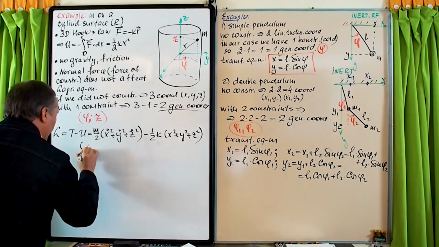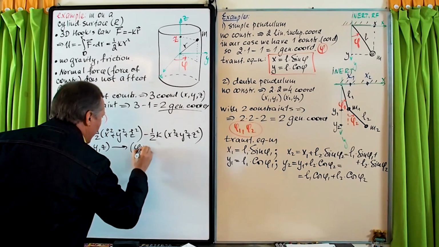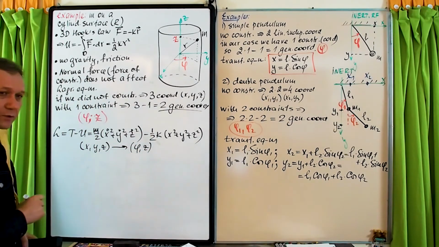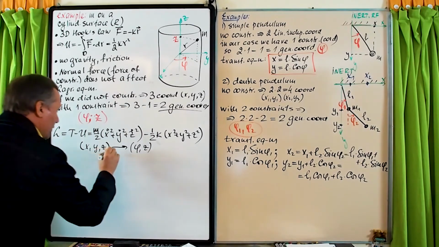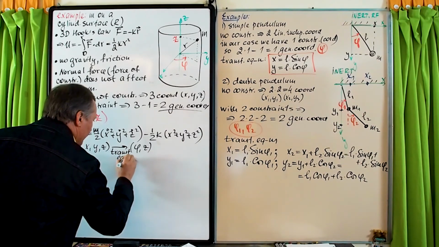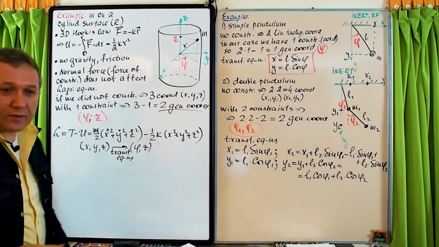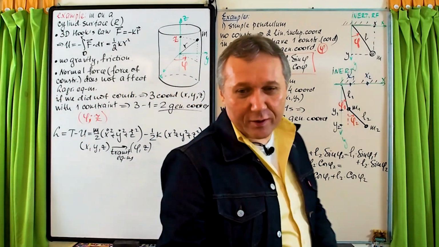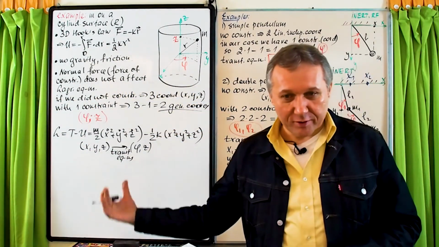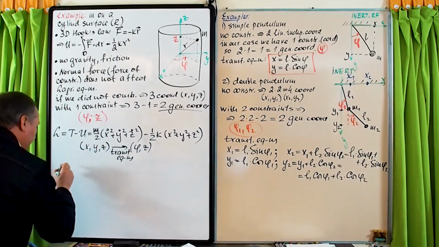These are generalized coordinates using transformation equations. Transformation equations are equations which allow us to move from Cartesian coordinates to cylindrical, right?